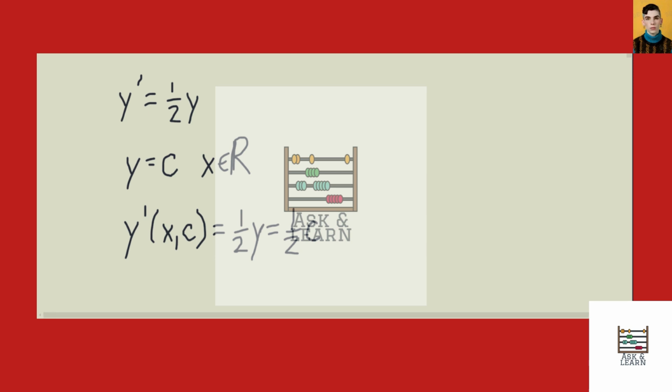So in other words, say if c is 0, we have that the slope of y is going to be 0 at every point along the x-axis.